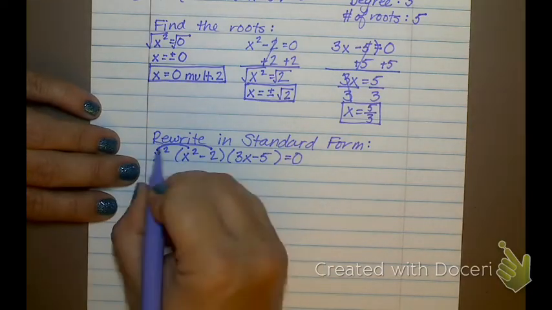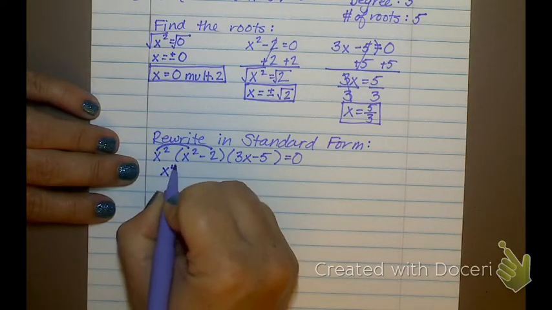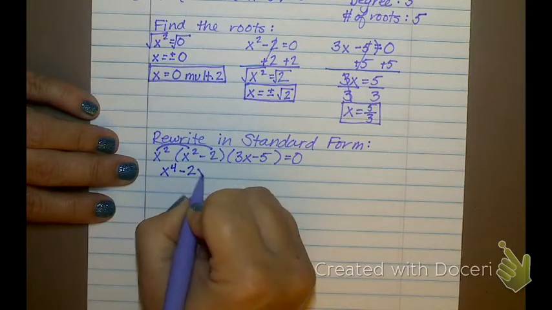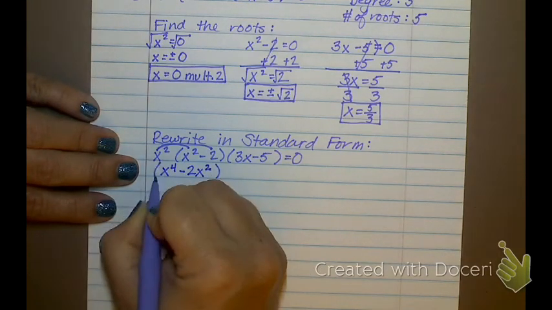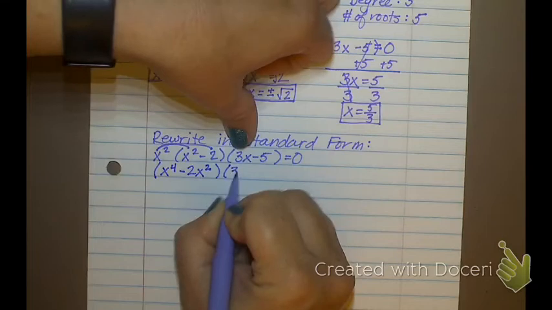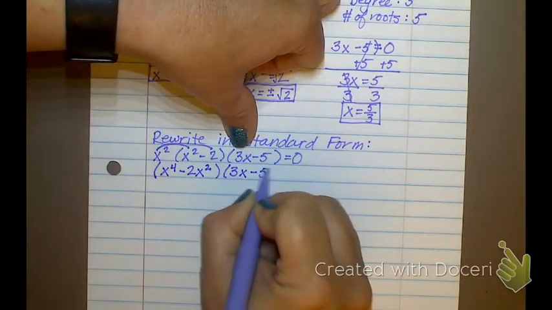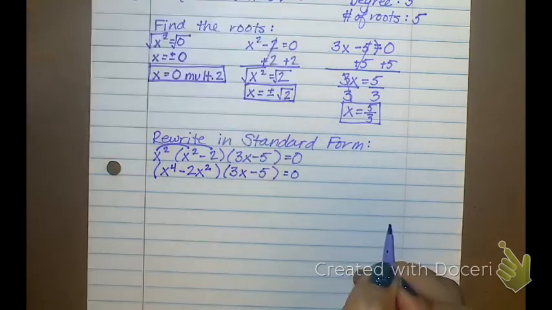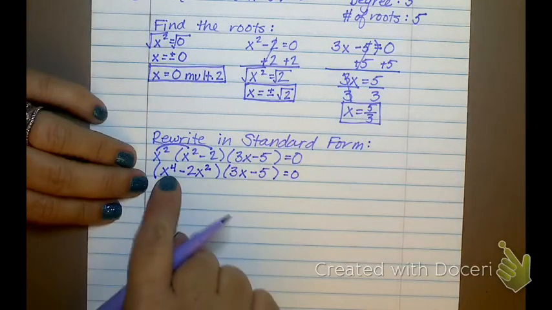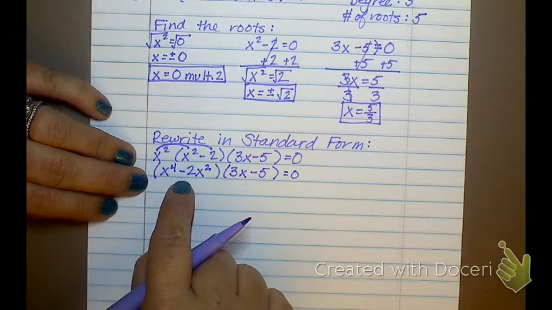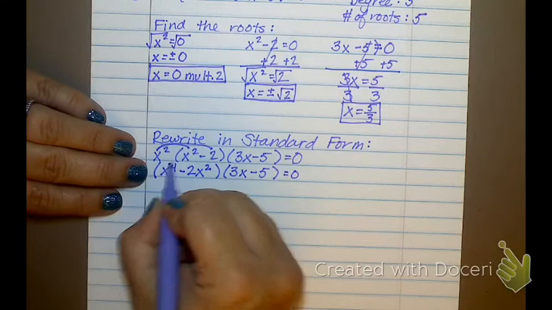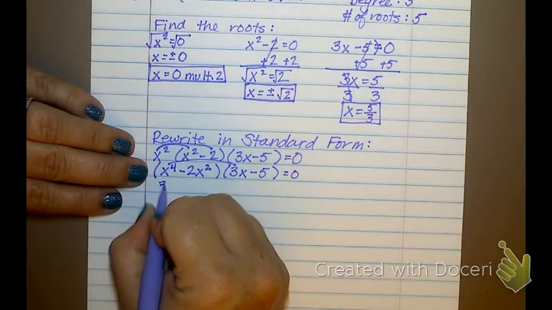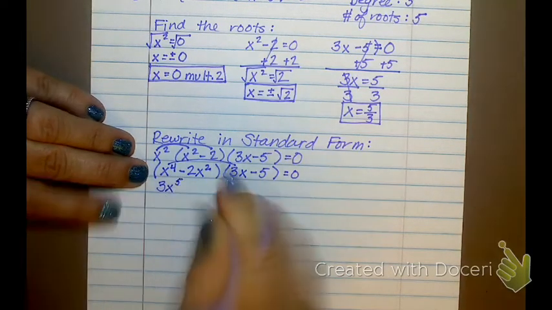So let's see. If I multiply here, I have x to the fourth minus 2x squared. Put that in parentheses and now multiply by this guy, because here's the trickle down. The x squared's hiding in this first parentheses. So x to the fourth times 3x gives me 3x to the fifth. That's good, isn't it?